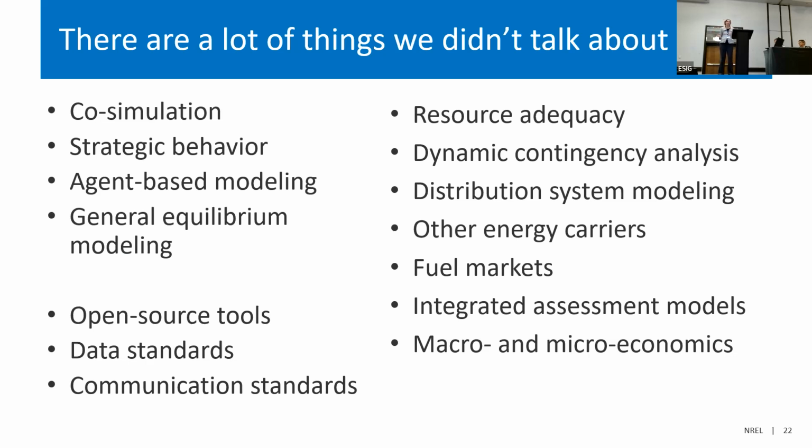You can do strategic behavioral modeling, on and on. We kind of mentioned resource adequacy, but didn't go into it in depth. In any case, all these things are also important. And yeah, I'd be happy to talk about some of these offline, and I've got a lot of colleagues here that cover a lot of these topics as well. So looking forward to chatting through the week.